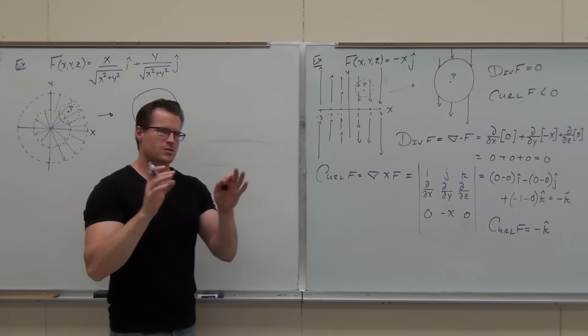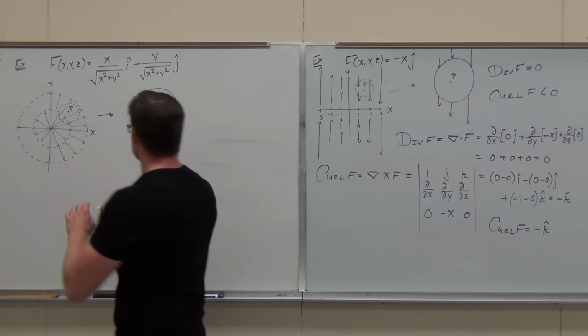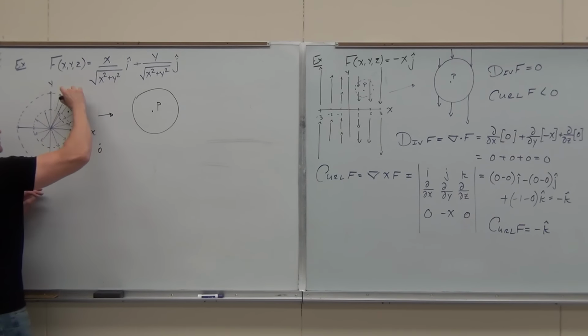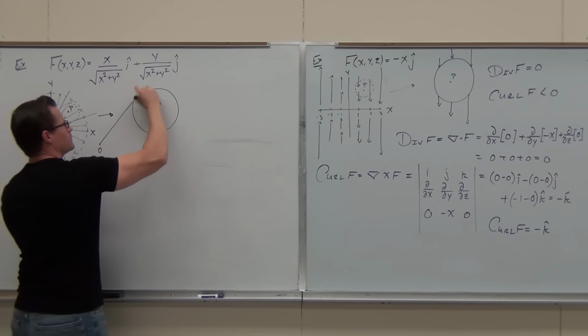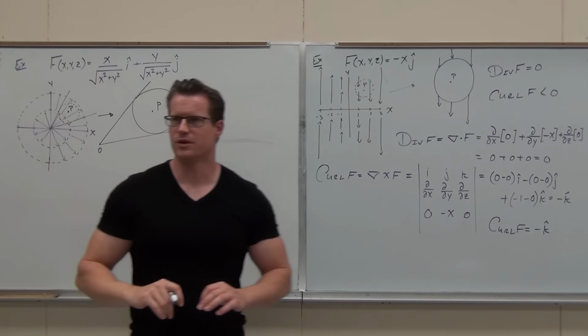If this is a symmetric circle around that point, and this is the origin, then what's going to happen with this? We're going to get this little V shape. Are you guys getting the picture there?